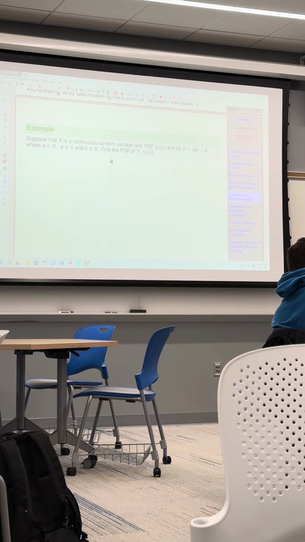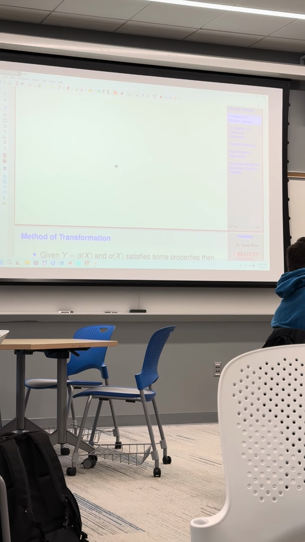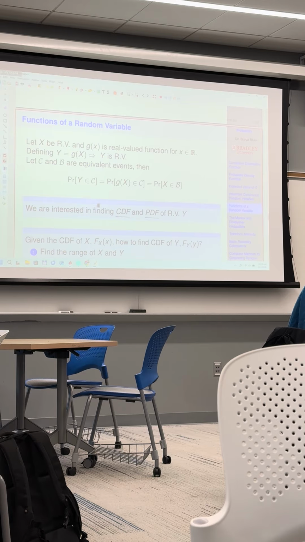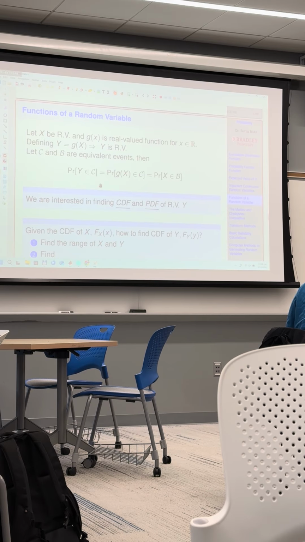So chapter 4, let's finish this topic. It's just one topic that is left, which is function of one random variable. The other thing you will notice is that I'm going through function of one random variable. Chapter 5 is about 2 random variables, and chapter 6 is about n random variables.